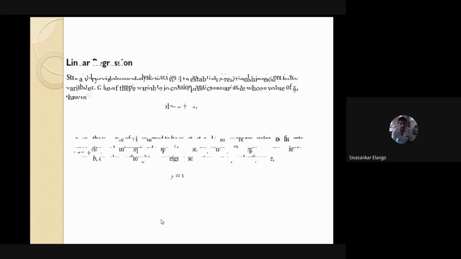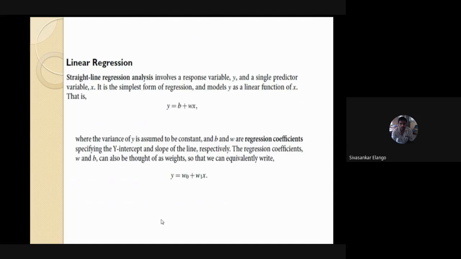In simple linear regression, we have the equation of the form y equal to a plus bx. Here we have y equal to b plus wx, where b represents the intercept and w represents the slope of the line respectively. We can rewrite it as y equal to w0 plus w1x.